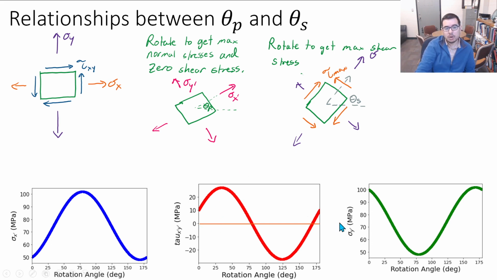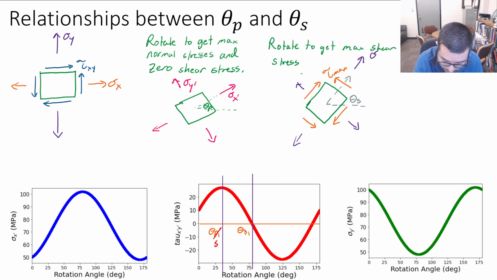Let's just draw that line, like we've done here, and we'll say we have a theta P1 right here, where this is going to be a max. We have another value where, oh, this is backwards, guys. Well, this is why we do what we do. This is not theta P1, that's theta S1, because that's where we have a maximum shear stress.